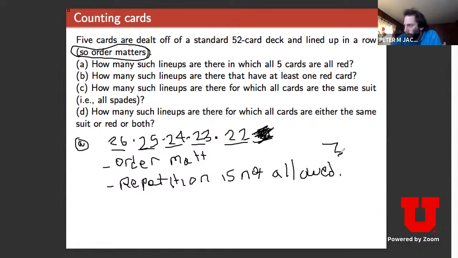Okay. So this is, I think, the word is a permutation. Are there any questions about this one?